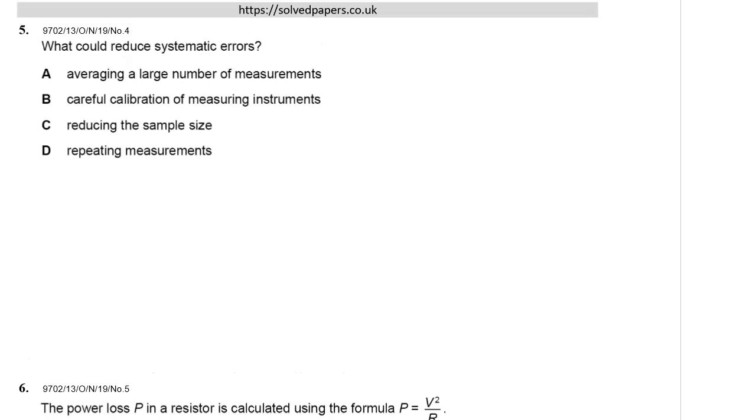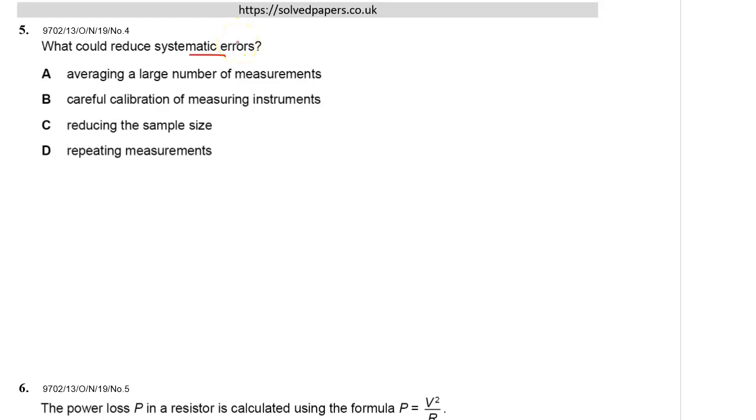Number 5. What could reduce a systematic error? There are two types of errors, systematic errors and random errors. Systematic errors are due to the measuring instrument.